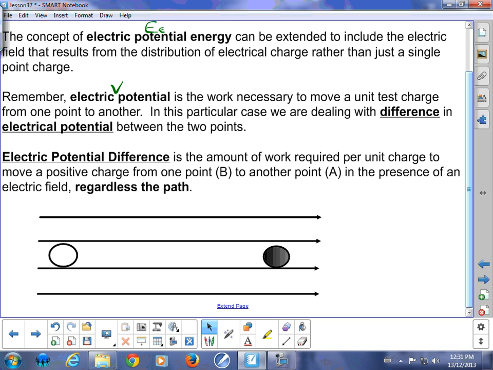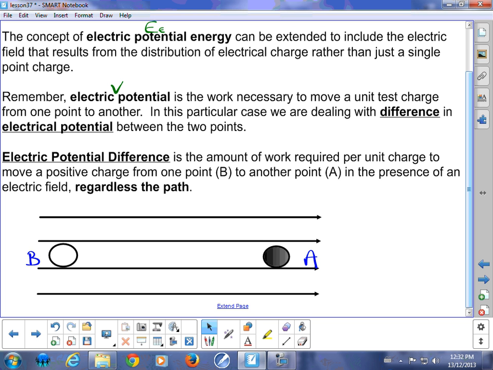I have this nice little diagram here. Electric potential difference is the amount of work it takes for us to move the particle from point B down to point A, and it doesn't matter the pathway that you choose.